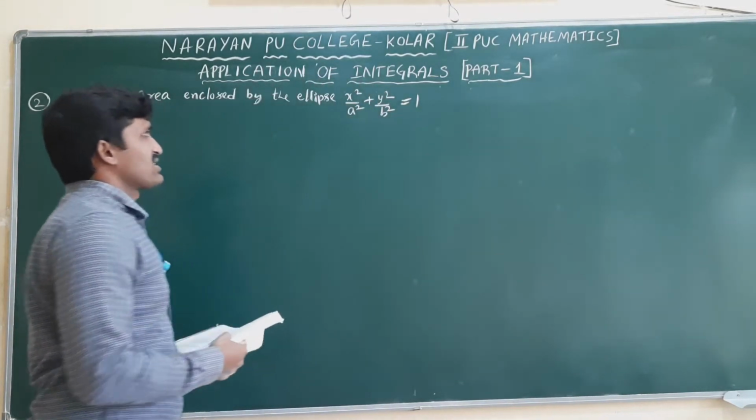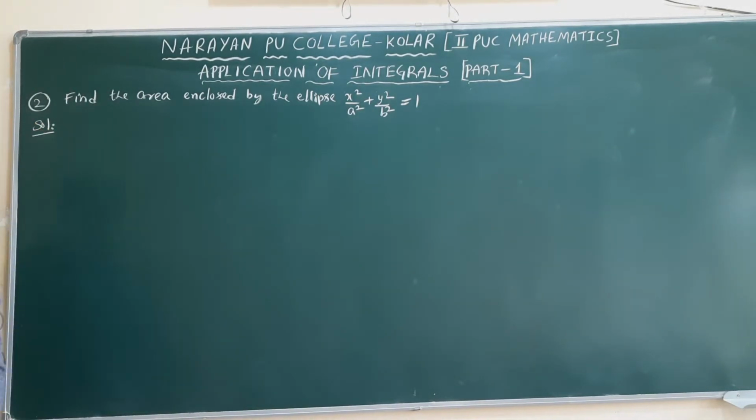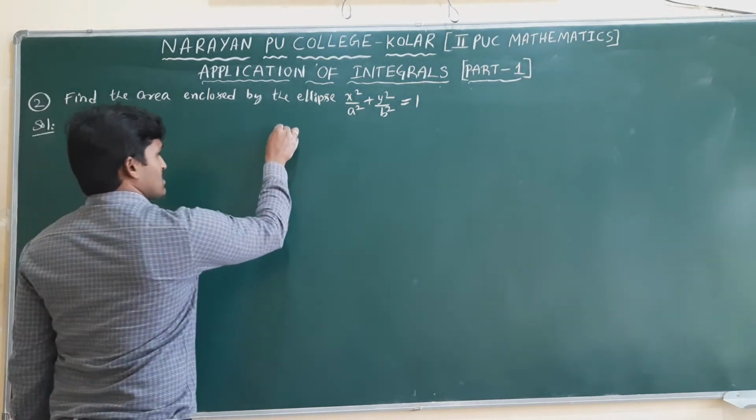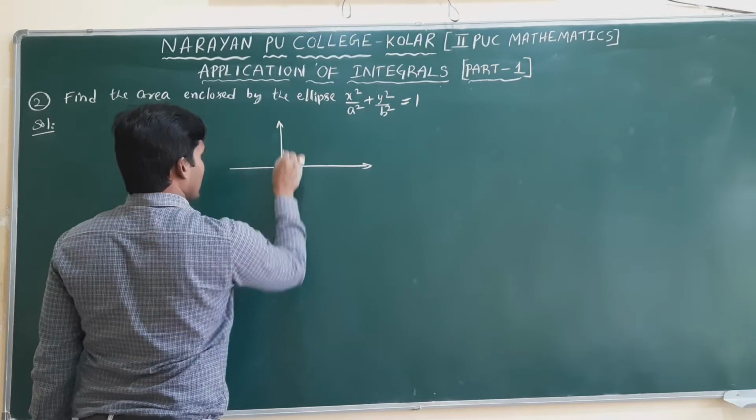Sir, ellipse equation also given already. Now what is the ellipse structure actually, it is like this. We will take general form only, a greater than b.